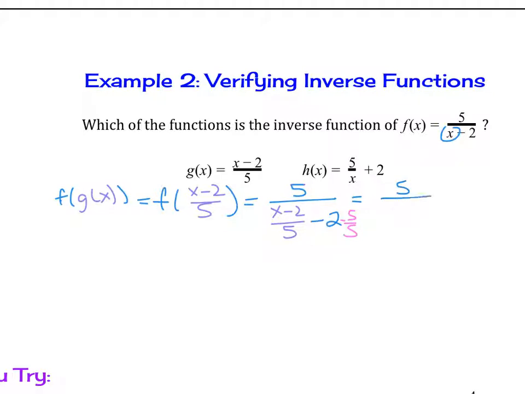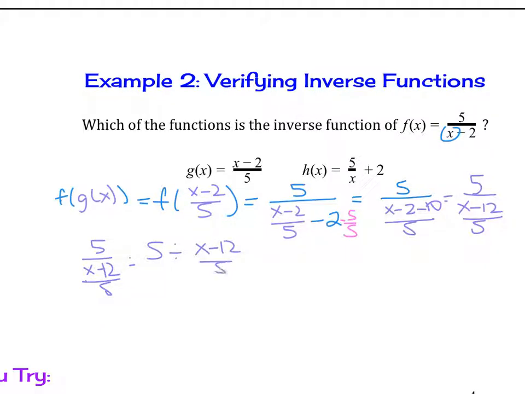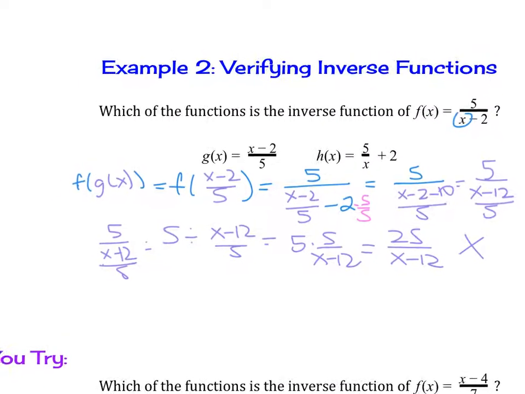This becomes 5 over (x minus 2 minus 10) all over 5, so 5 over (x minus 12 over 5). When we're dividing by a fraction, you multiply by the reciprocal. Therefore, this is 25 over x minus 12. We did not get x back, so lots of work, but that didn't work.